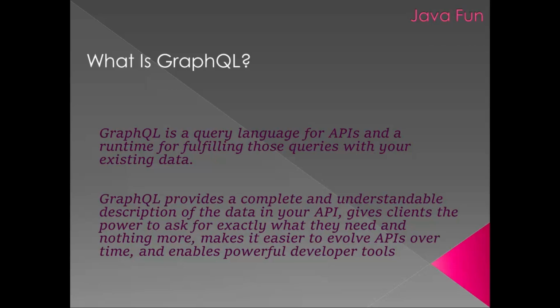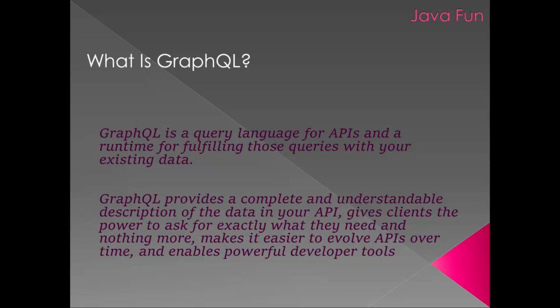Those are the problems which GraphQL tries to solve. Basically, GraphQL provides the complete, understandable description of your REST endpoint. In the REST world, there are technologies available like Swagger or Spring REST Docs, which give you the specification or the description of your APIs, but they are just at the documentation level.